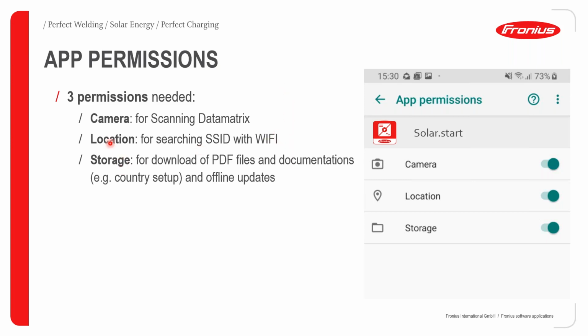Already, as mentioned, the app is going to require location permission through the GPS, and this is going to be used for scanning the SSID of the inverter Wi-Fi. And also, the app is going to require storage permission on your phone, and this is going to be used for downloading relevant PDF files and other documents that could be required and can be used also whenever you are offline.